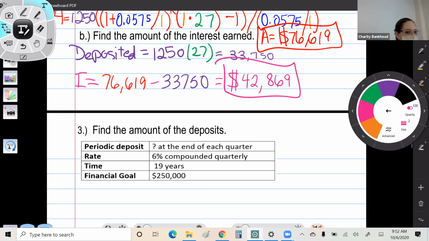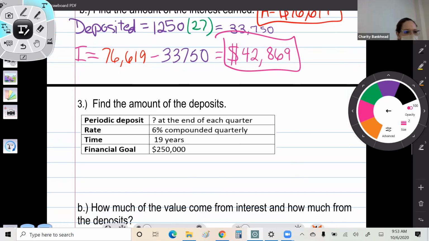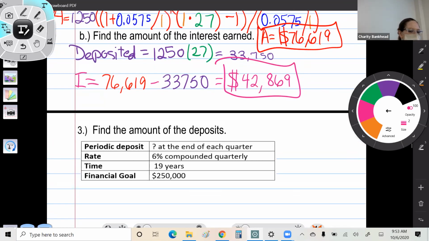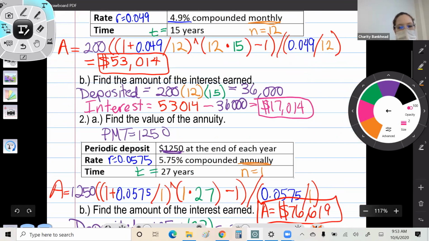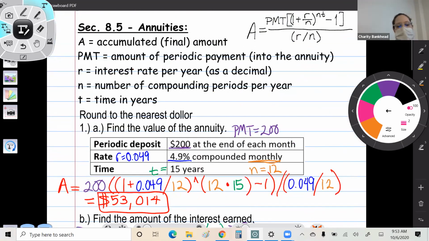So it's basically the same formula, but you're just solving for a different variable. You're basically solving for the payment variable. And I believe that this form of the formula is on the formula sheet. It's like the same formula, but it has the A and the PMT swapped, and then it's flipped over.